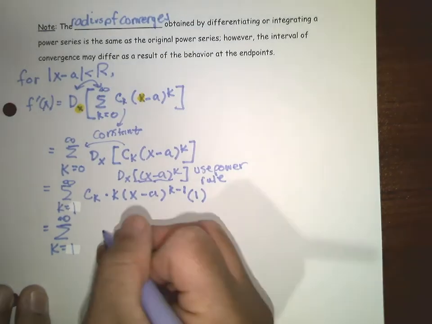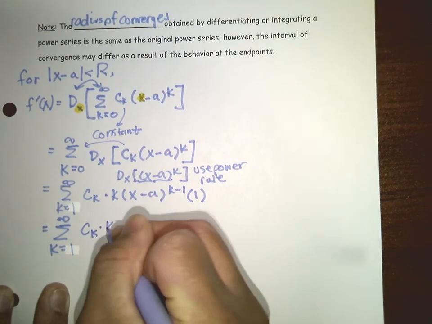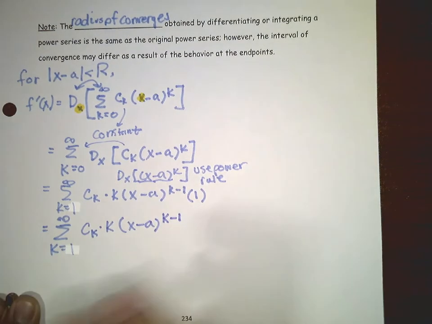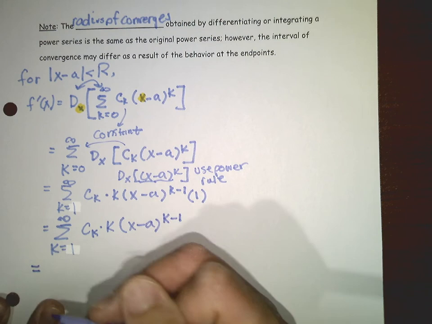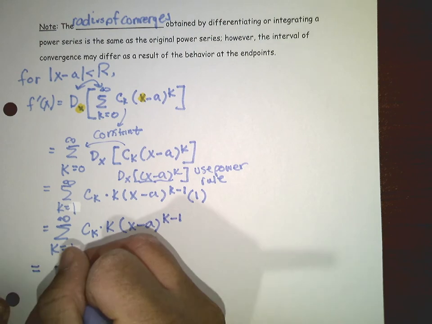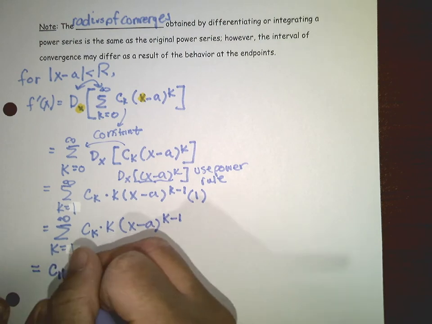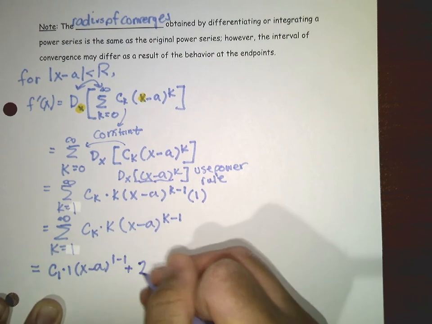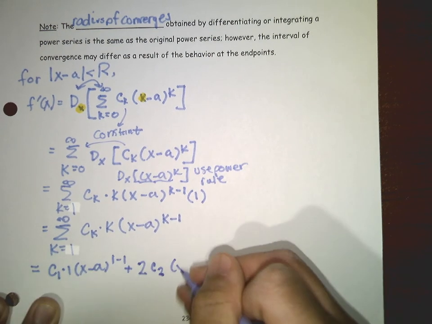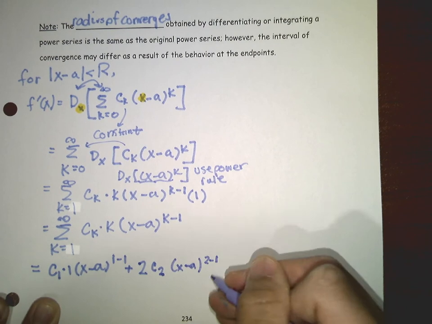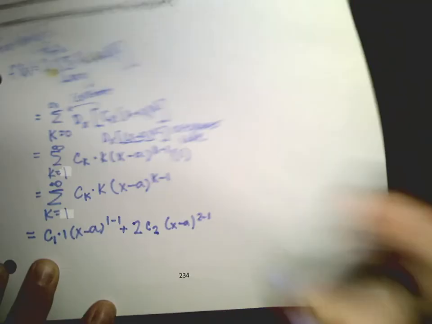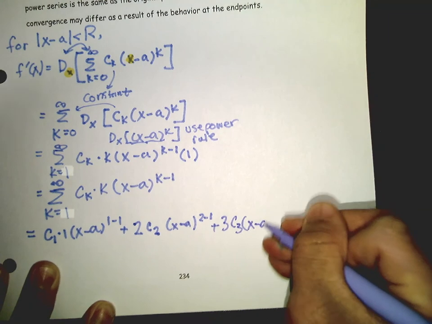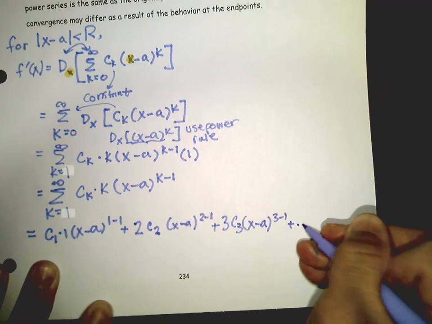So then this is ck times k times (x minus a) to the k minus 1. And if I write out the terms, you'll see it's exactly as I said. It's c1 times 1 times (x minus a) to the 1 minus 1, plus 2c2 (x minus a) to the 2 minus 1, plus 3c3 (x minus a) to the 3 minus 1, and so on.